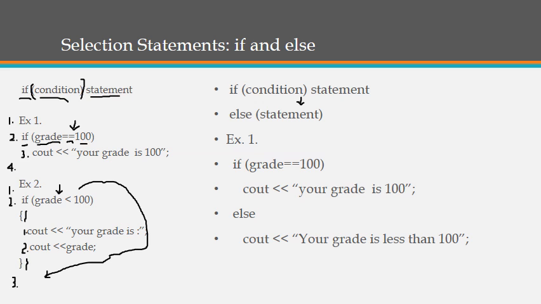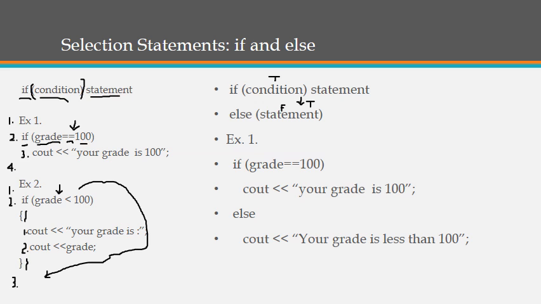Else, execute the other statements. So if this main condition is true, we execute all the substatements encompassed within the if statement. Else, that means the condition would be false, we execute all the substatements in the else.